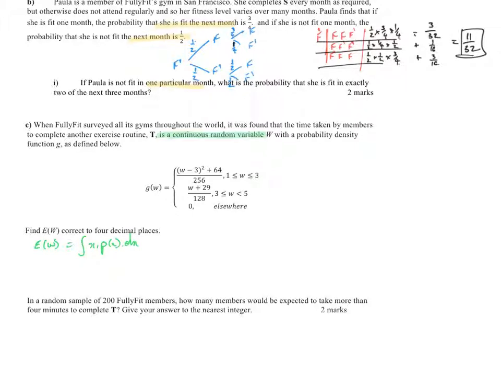So my expected value is going to be equal to the integral between 1 and 3 of ((W minus 3) squared plus 64) on 256 times W dW, plus the integral between 3 and 5 of (W plus 29) on 128 times W dW.